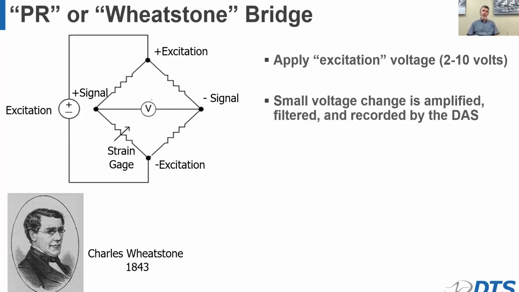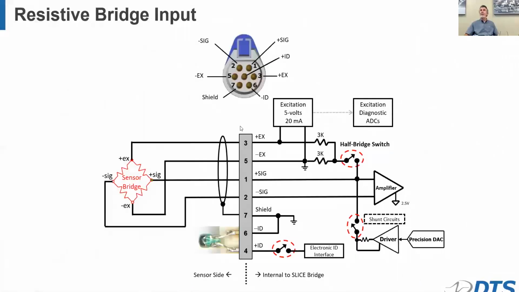We create a small voltage across the bridge when we put mechanical stress on it, and that signal is amplified, filtered, and recorded by the DAS. An important point is the output is proportional to excitation. The more excitation we put in, the more voltage we get out for a given mechanical excitation.